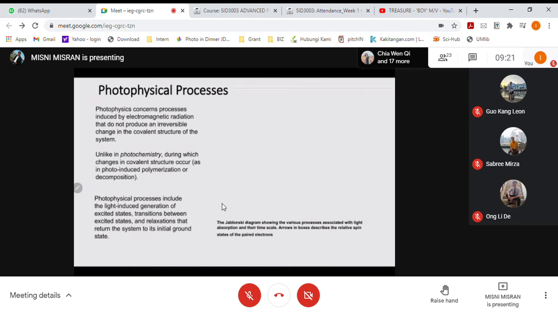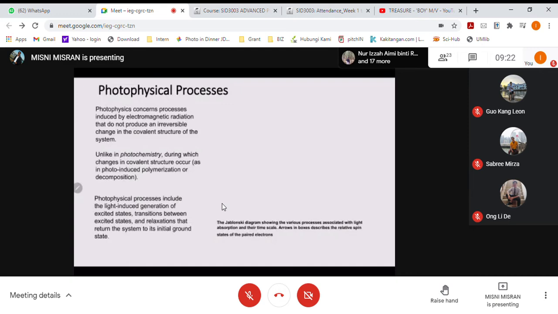So the molecule actually remains as a molecule, just like the Franck-Condon principle said. What we have is just that it becomes excited, it absorbs the energy of the light, right? So if you compare to photochemistry, you have maybe bond making or bond breaking. We gave an example just now, the ozone formation.